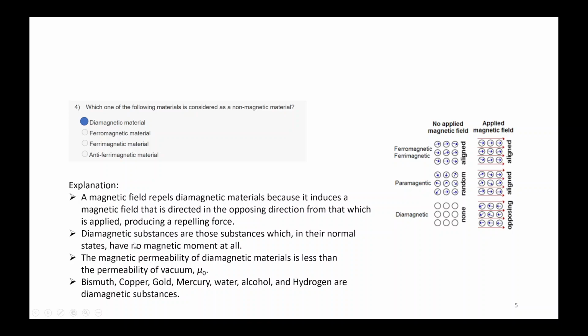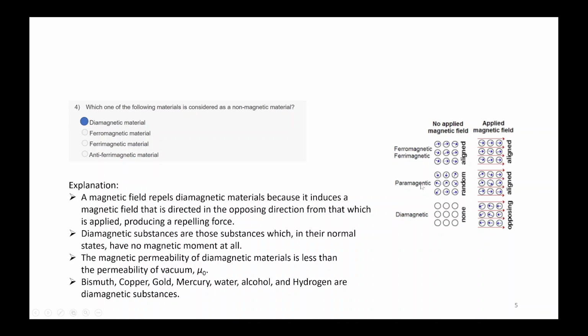Now diamagnetic substances are those substances which in their normal states have no magnetic moment at all, and the magnetic permeability of diamagnetic materials is less than the permeability of vacuum. Examples are bismuth, copper, gold, mercury, water, alcohol and hydrogen.